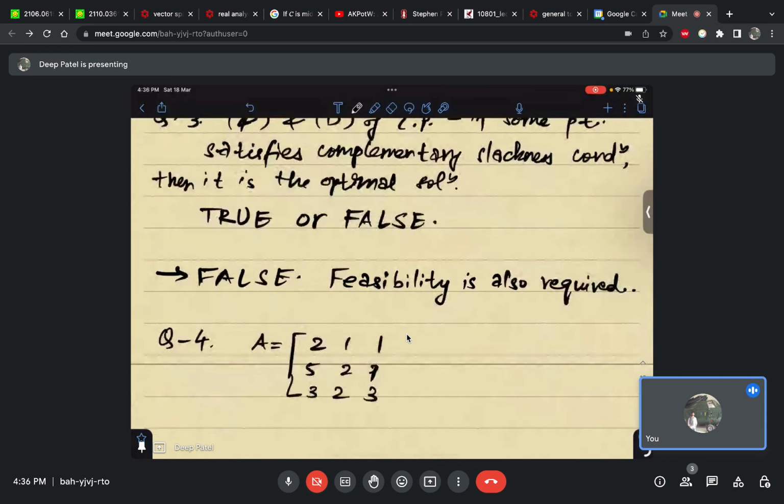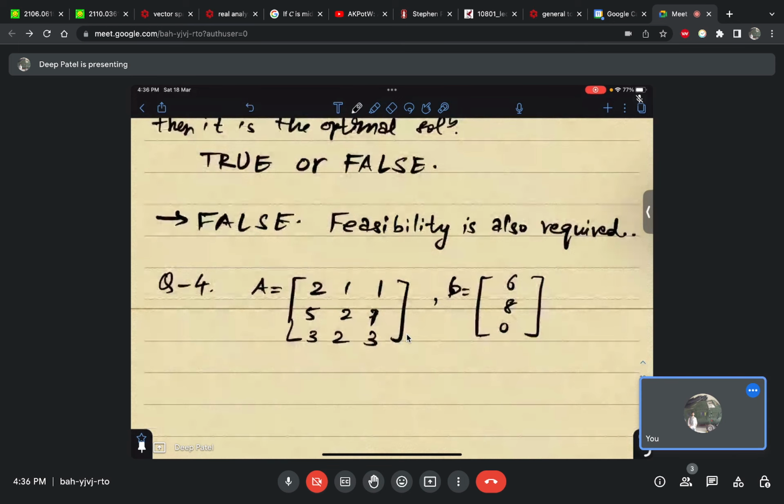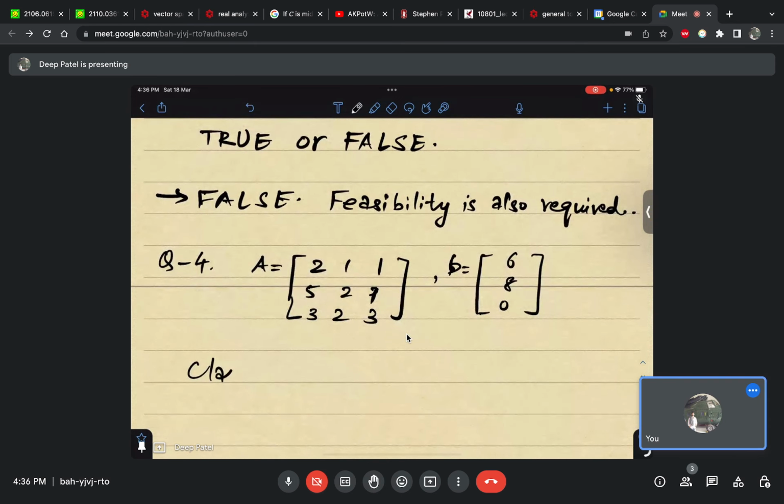So the next question is where again we are still in the realm of LPs. You have the system of equations Ax equals b, and A is given to be this matrix and b is given to be this vector. The claim is that there exists some y such that y transpose A is 0, it's a vector, and y transpose b is not 0.